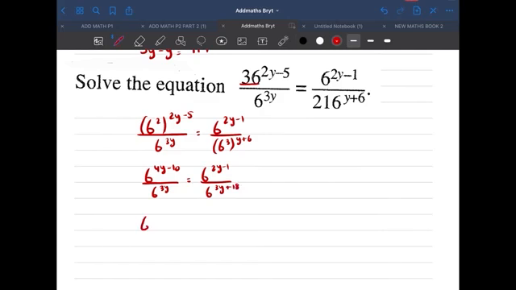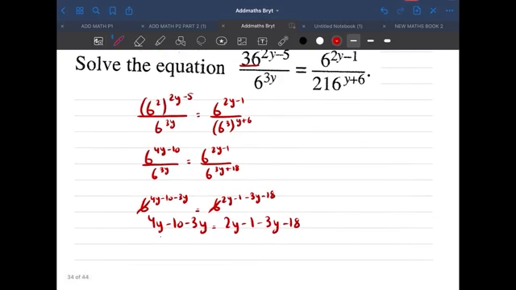Now, if I shift everything in the numerator, the powers will become negative of the denominator, minus 3y minus 18. If on both sides of equal to the bases are the same, I can cancel out. Now, 4y minus 10 minus 3y is equal to 2y minus 1 minus 3y minus 18.